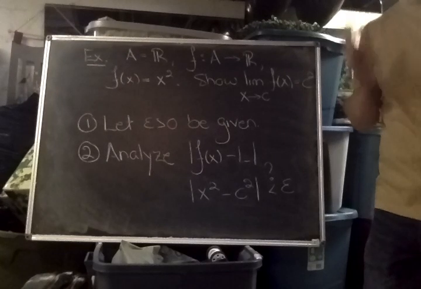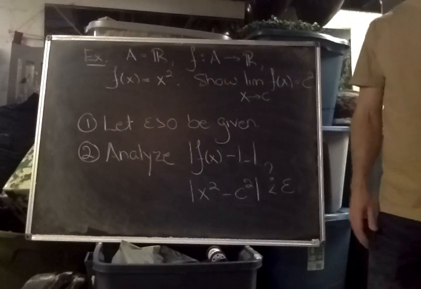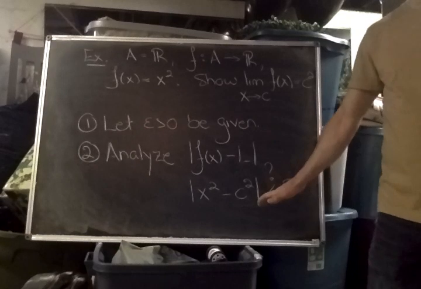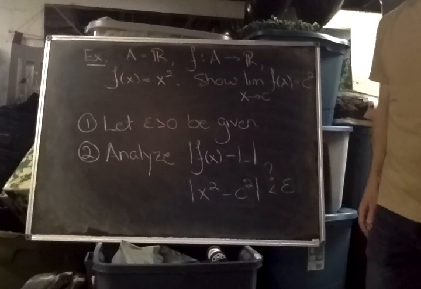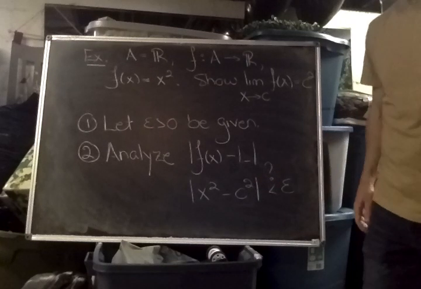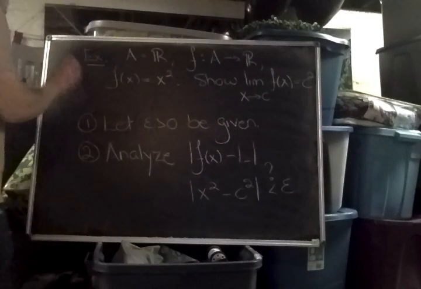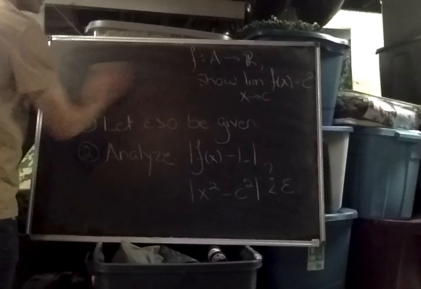And the thing we can control is the absolute value of x minus c, okay? And since this is a difference of squares, hopefully you can see where we're going with this. But that's the problem. So let me put that at the top of the next board.